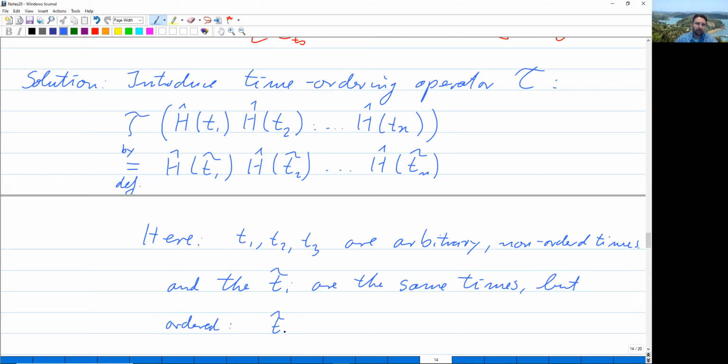So we have that t tilde 1 smaller equal to t tilde 2, smaller equal to t tilde 3, smaller equal to dot, dot, dot, smaller equal to t tilde n. So what this is saying is that if you take products of the Hamiltonian at different times and you apply the time ordering operator on that, then you get again a product of these same Hamiltonians at the same times. But it's ordered now such that the Hamiltonians at earlier times are to the left of the Hamiltonians at later times.